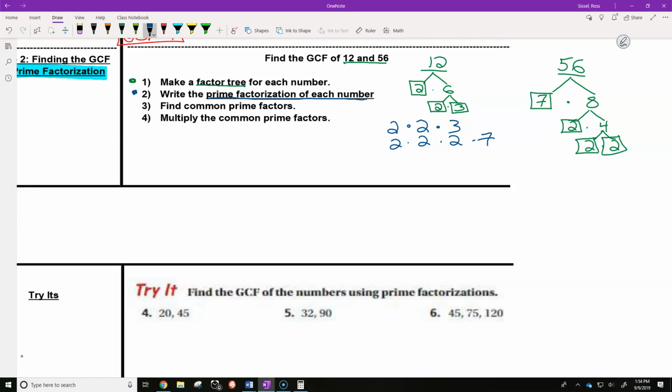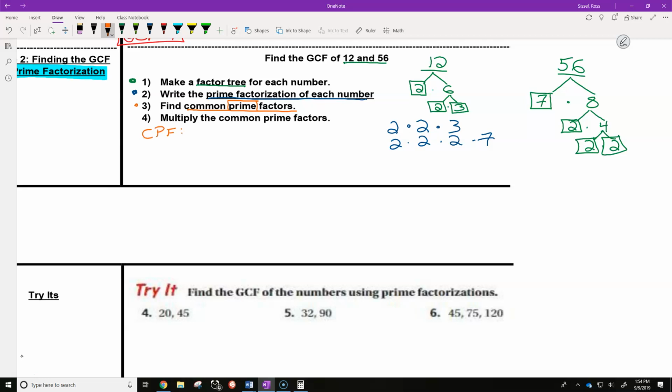Okay. Step 3 is just a touch different. Find the common prime factors. You remember how before we were finding the common factors? Well, now we're going to say common prime. This one's different because all these are prime numbers. So I'm going to put CPF. Now, pay close attention.